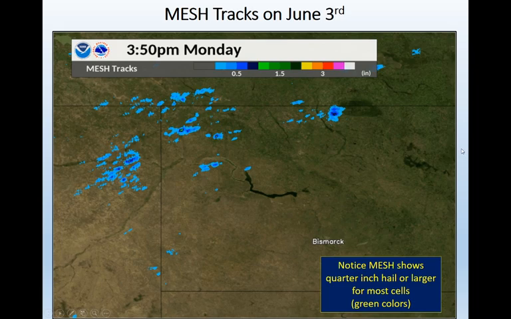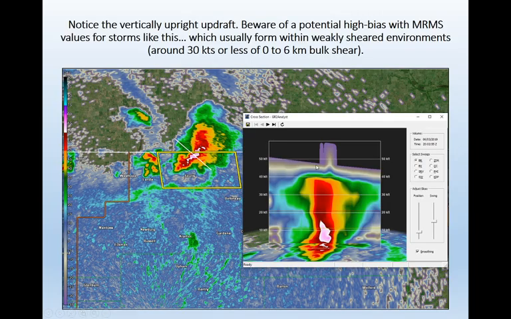And we did have a couple of warnings on this day that, like I said, did not verify. And this study helps us realize that maybe in the future we can remember this and remember that storms like this that have these perfectly vertically upright updrafts and have hailstones that are mixing with a lot of rain on their way down often don't end up being the actual size that mesh is suggesting once they reach the ground.